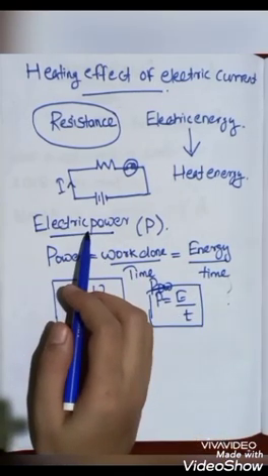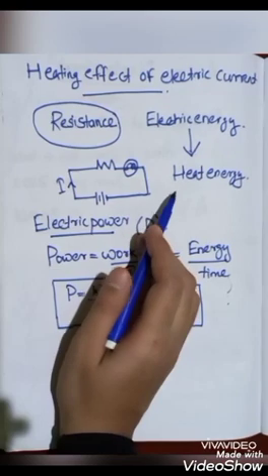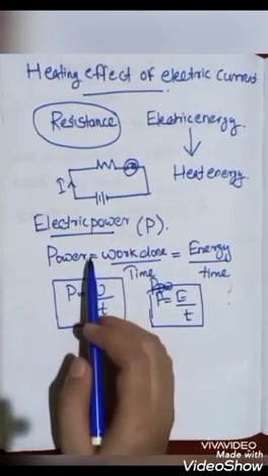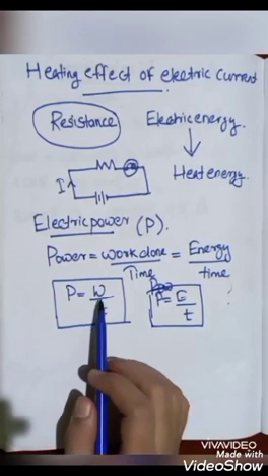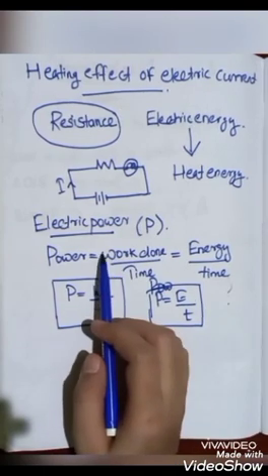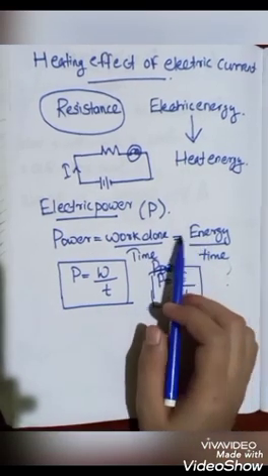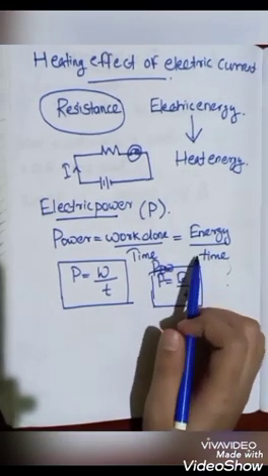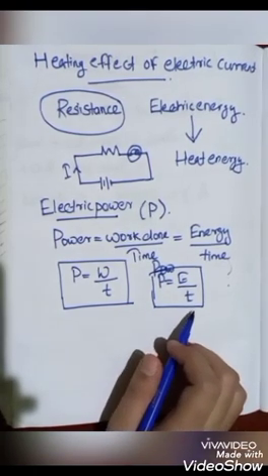Power is the rate at which electrical energy is consumed in an electric circuit. The equation for electric power can be written as P is equal to W by T, that is work done by time. Work done is the electrical energy, so P is equal to E by T.